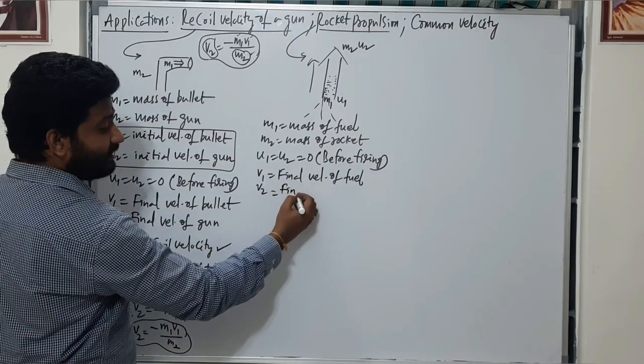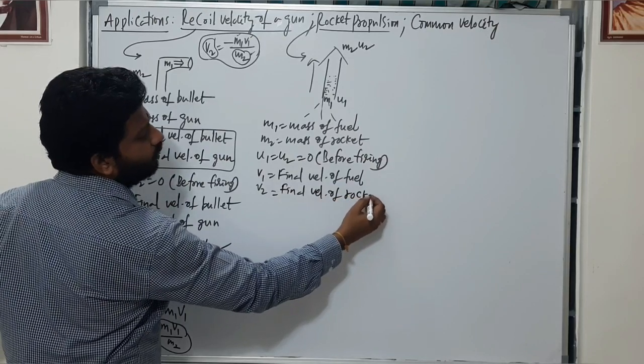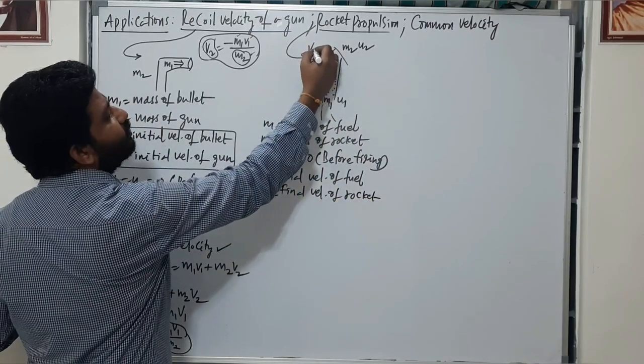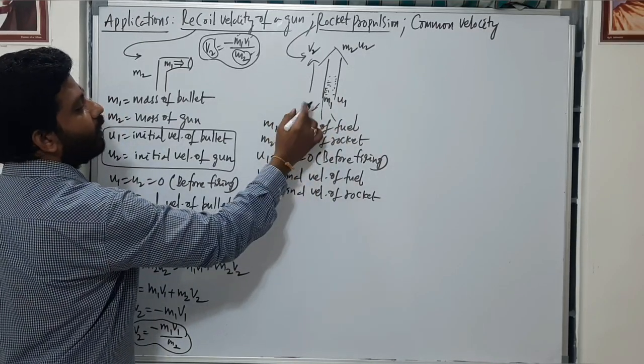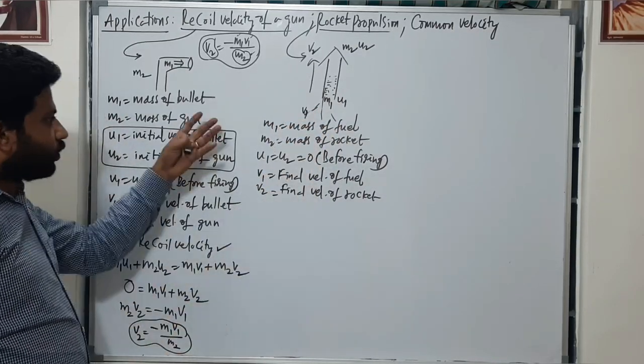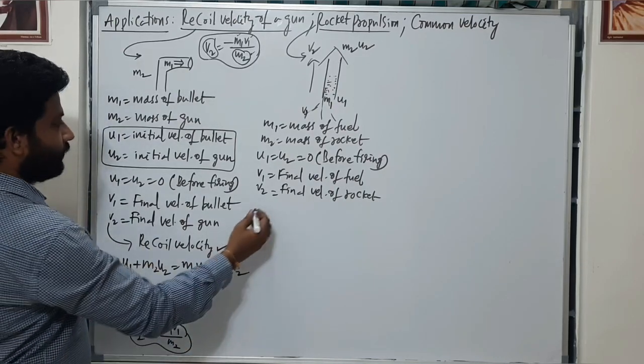The rocket will move forward in this way with a speed V2, and the fuel will be coming out with a speed V1. Okay. So here also you can apply the law of conservation of linear momentum.